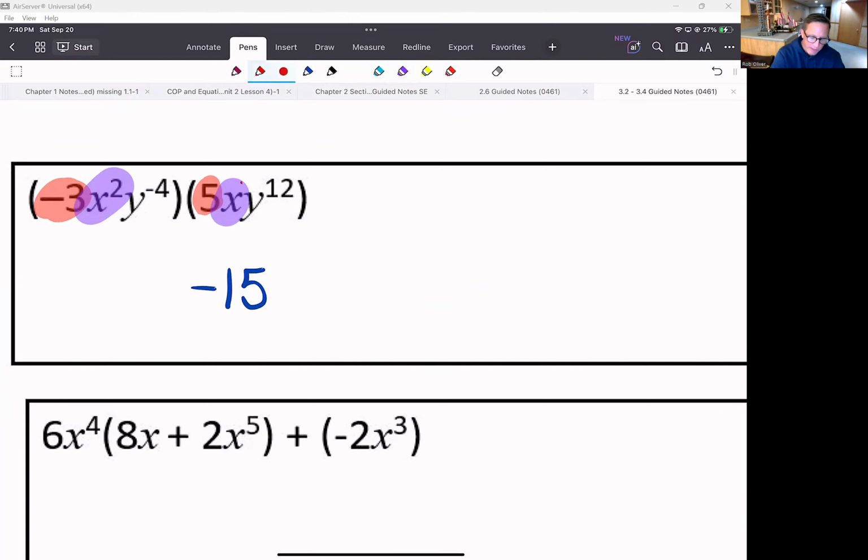That's going to be x cubed. And then you're going to have y. So the y's, we got negative 4, right? And you have y to the 12th. So negative 4 plus 12 is 8, right? So if you think about it like that, that was not a polynomial because it has a negative exponent. But when we multiplied it by another polynomial, we ended up with a polynomial.